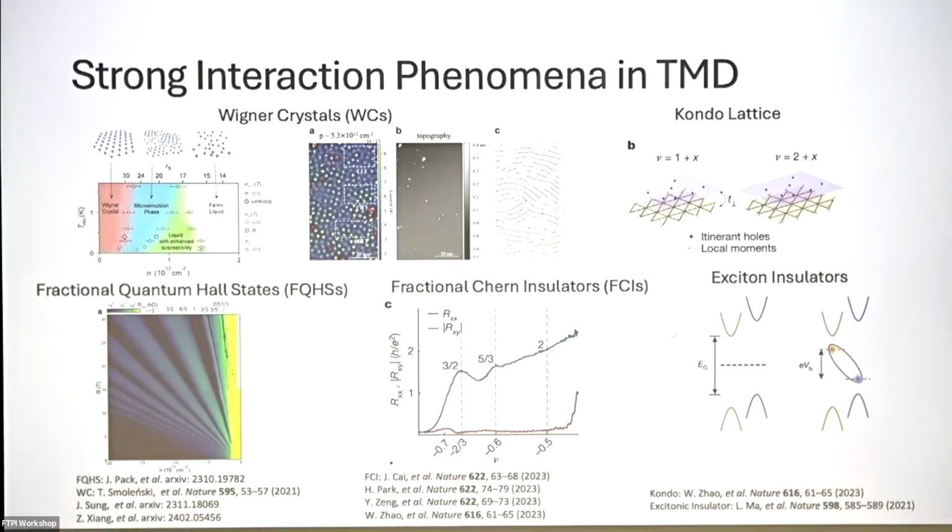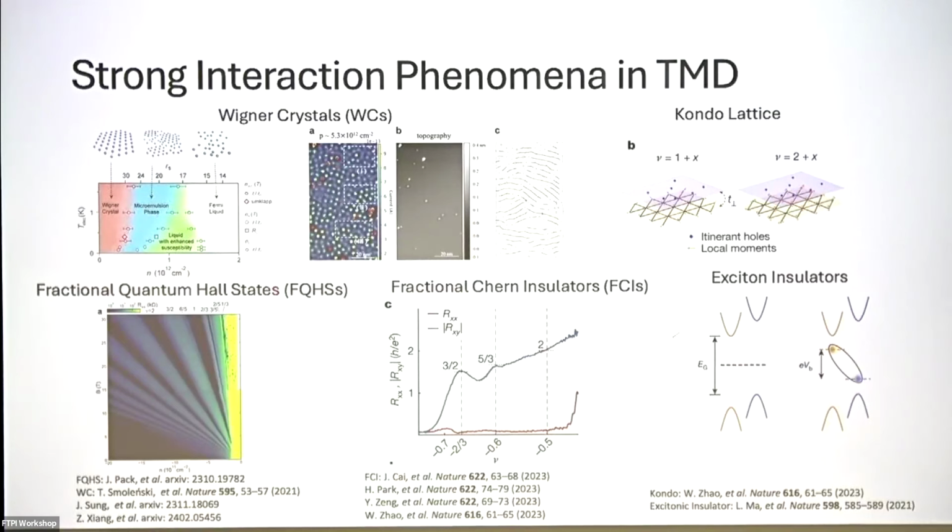This implies there's some dirty things inside of this system. So that's one of my motivations to understand what the possible disorder in this system is. And there are other interesting effects like the Kondo lattice. This work was done by Kin Fai Mak's group. You can see all the localized spins and the itinerant electrons going on top of these localized spins, and there's some interesting physics there.